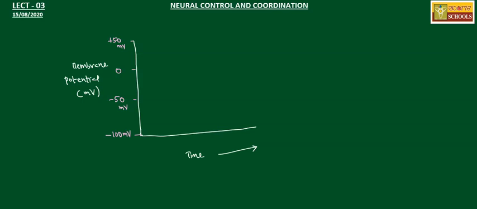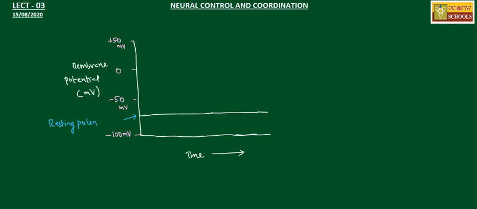Now I'm going to take a threshold value. Before that, I'm showing you here, this line indicates the resting potential. So this point is the resting potential.